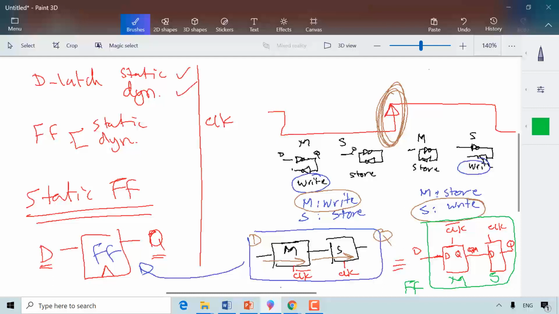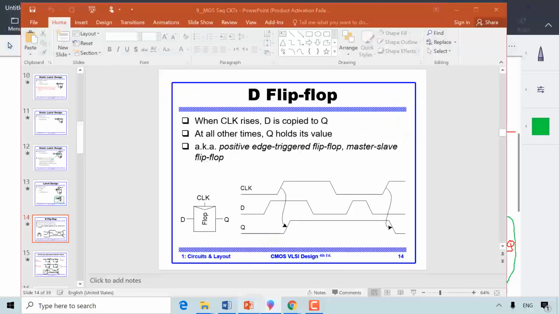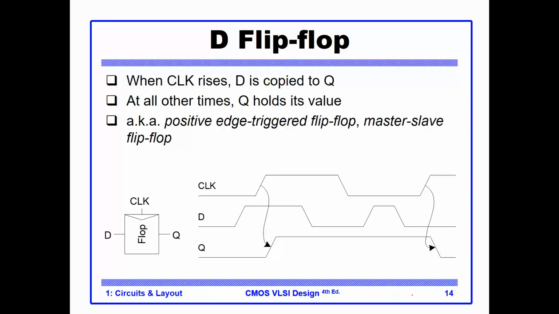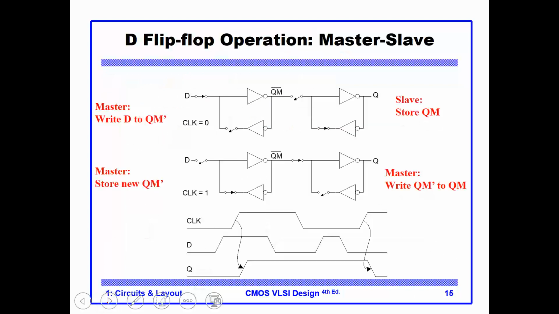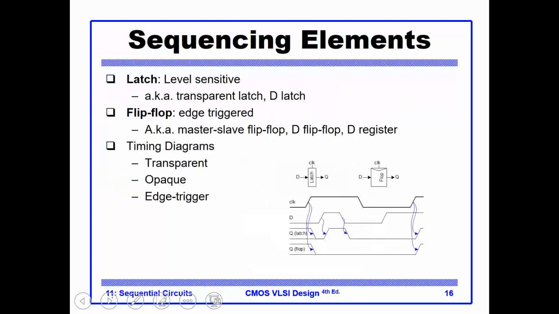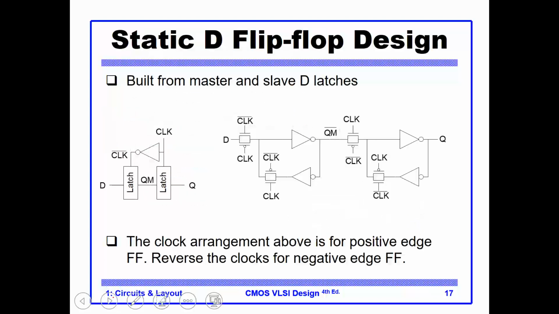Okay, so let's go back to our lecture now, with this illustration. This is basically what we talked about here in terms of the flip-flops, and this is how this mechanism works. Okay, and to construct the circuit, let's keep going.